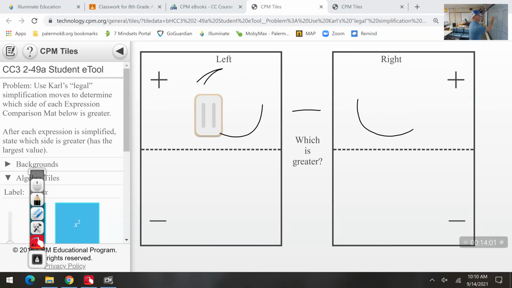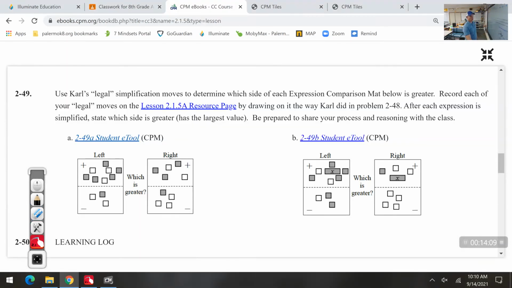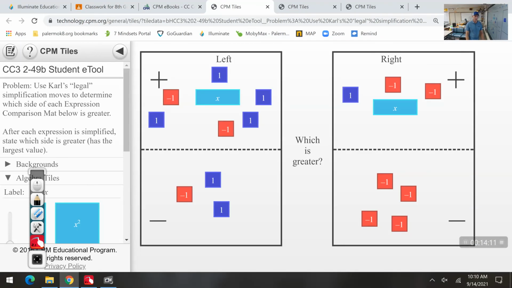So here's what I want you to do. On your own, you are going to go to the ebook. You're going to click on this option, and you are going to do your legal moves. Find the 0 pairs. Do a flip. Did you get another 0 pair? Then 0 pair again. Balance. At the end of it, you are going to write whatever expression you have left.